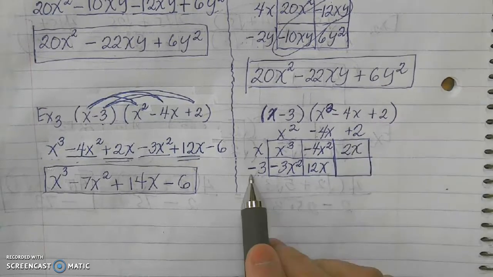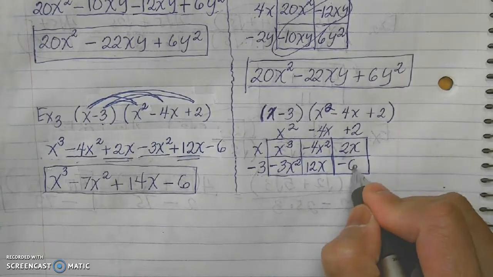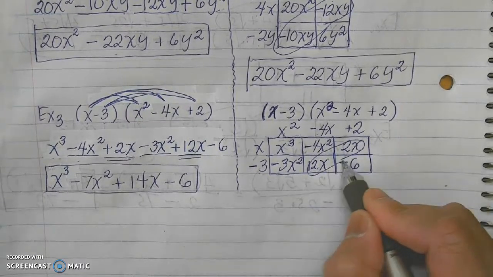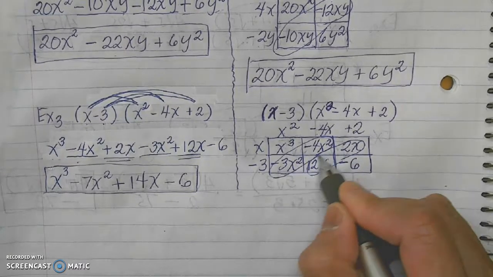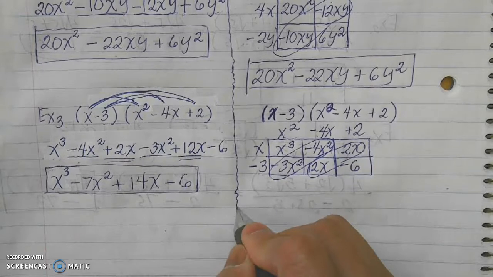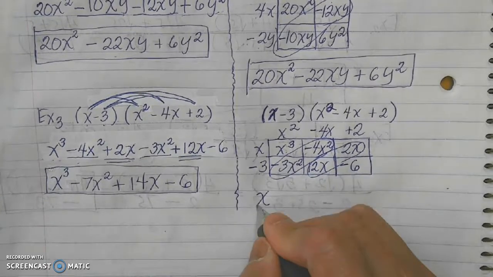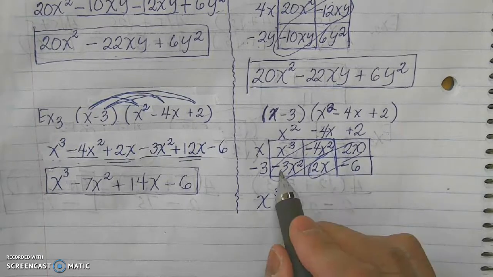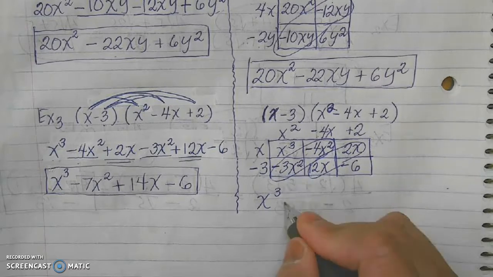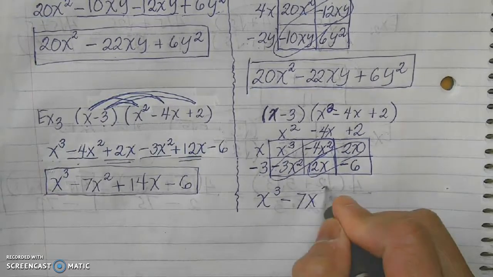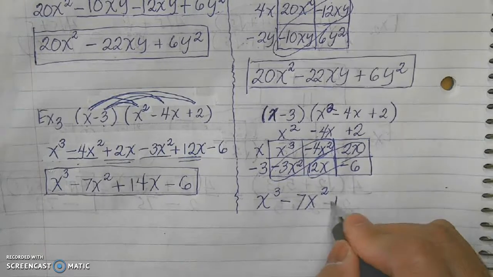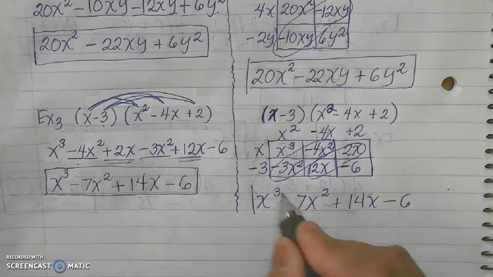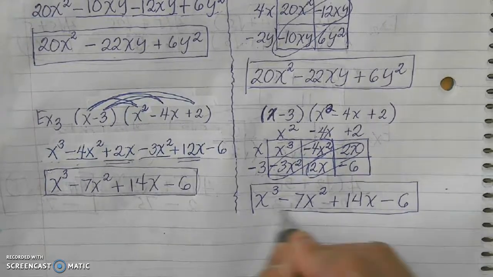Positive 2 times negative 3 is negative 6. Notice the diagonals are like terms, so let us combine them. This stands alone. Negative 4x squared plus negative 3x squared is negative 7x squared. This right here is positive 14x minus 6. Same exact product that I got from my first one.